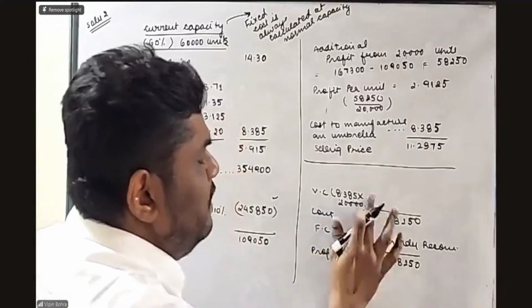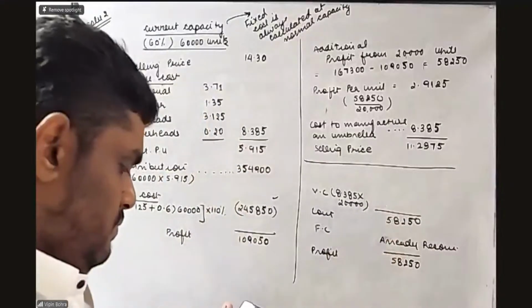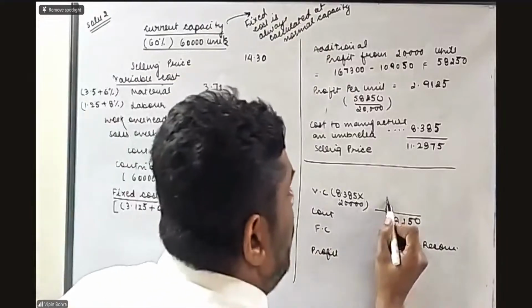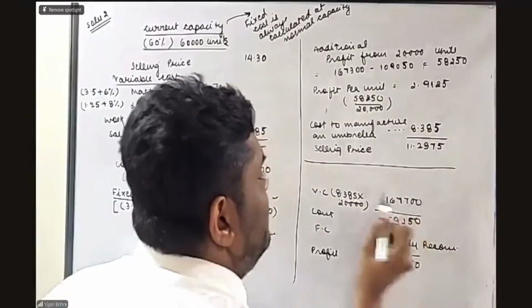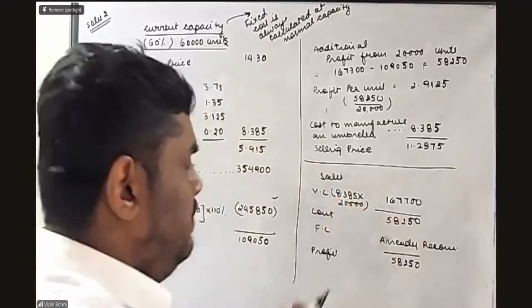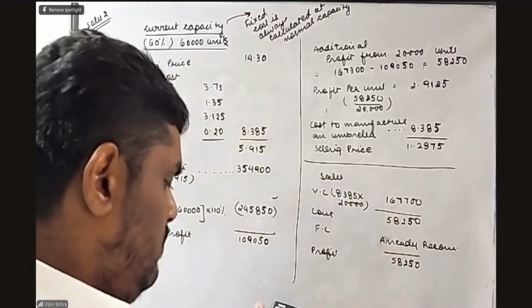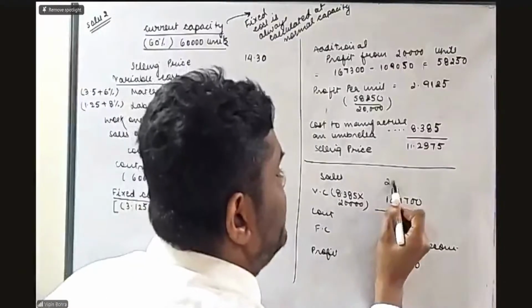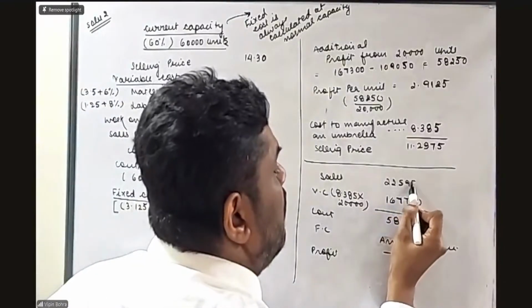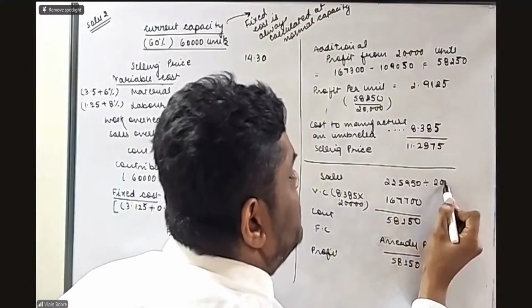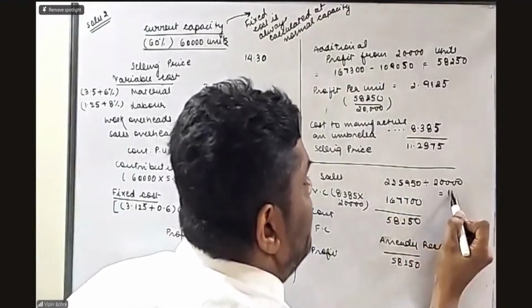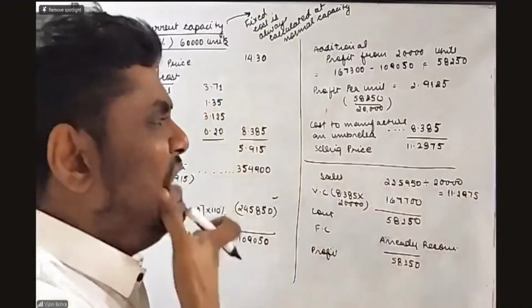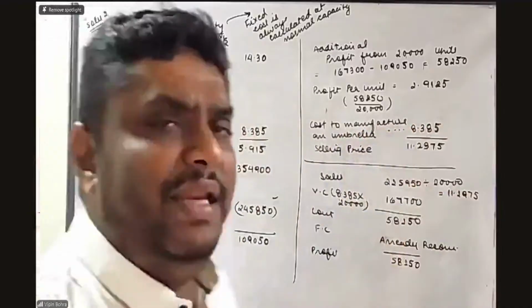This is the variable cost, 167,700. So how much sales do I want? 225,950. If we divide this by 20,000, we'll get the same answer, 11.2975. This is just an easier way to understand, and this way you can present in exams.